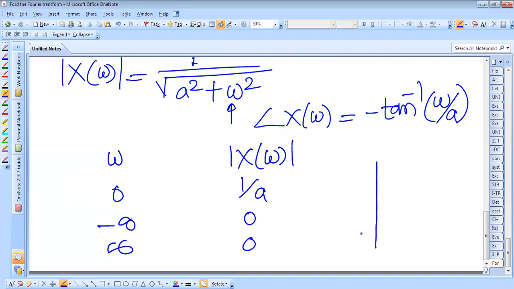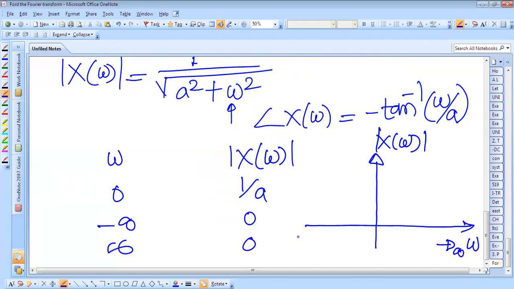So this is X of omega versus the frequency. This is frequency on this side, it is plus infinity, and on this side it is minus infinity. This is omega. So the magnitude is 1 over a, and the plot is like this.